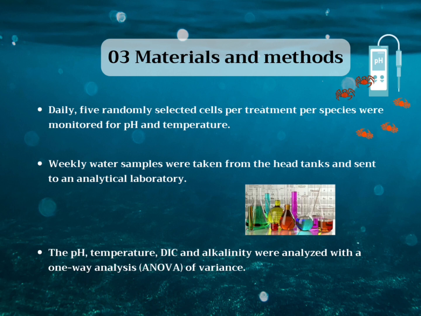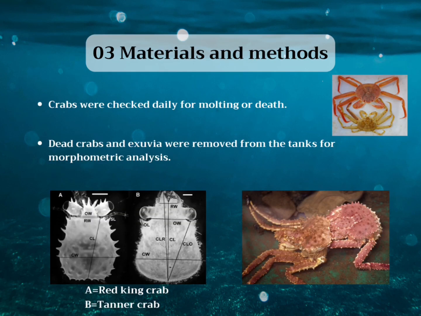The pH, temperature, dissolved inorganic carbon, and alkalinity were analyzed with a one-way analysis of variance, ANOVA. Crabs were checked daily for molting or death. Dead crabs and exuviae were removed from the tanks for morphometric analysis. Picture A, red king crabs.